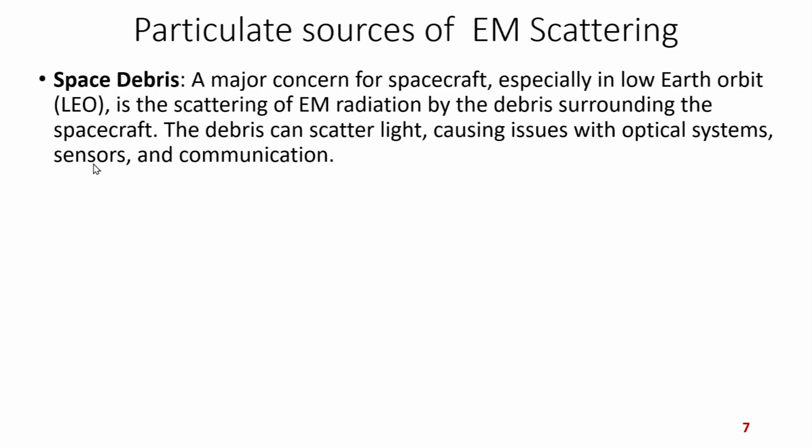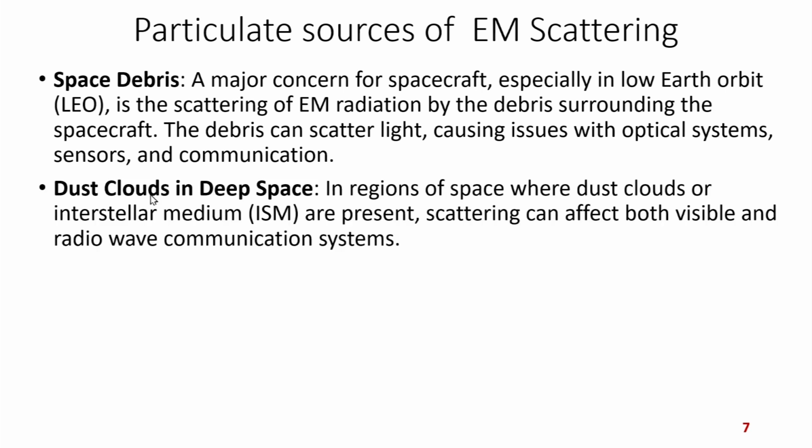It can affect other types of sensors, like an IR sensor or a UV sensor, and it also creates problems for the communication system. Then the dust clouds in deep space. In the regions of space where dust clouds, also called the interstellar medium (ISM), are present, the scattering can affect both visible and radio wave communication systems.